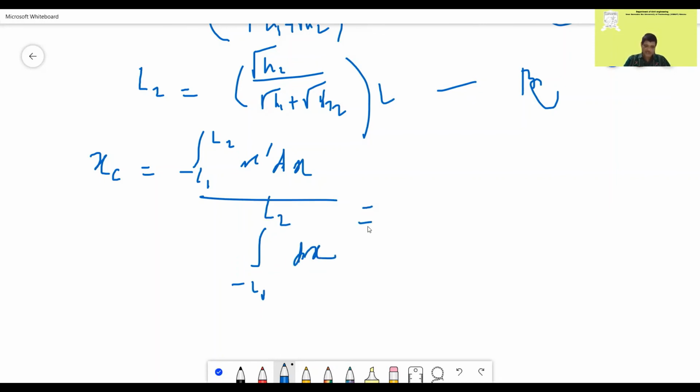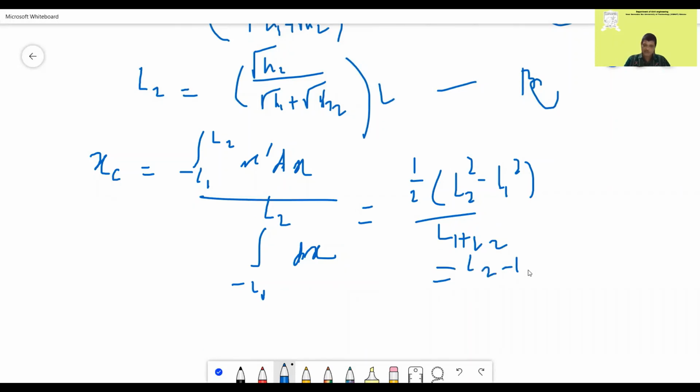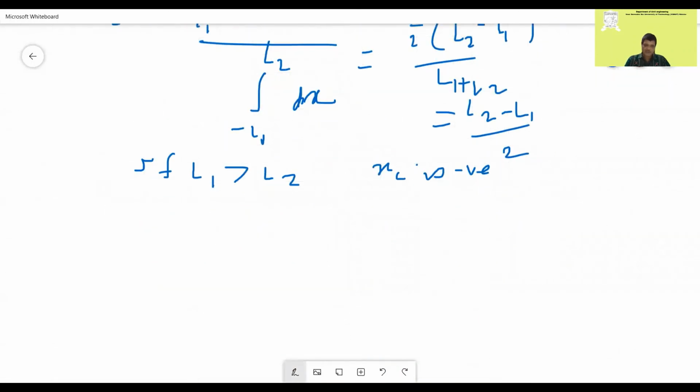If you integrate it, it will be half of L2 square minus L1 square divided by L1 plus L2, so that comes to be L2 minus L1 by 2. If L1 is greater than L2, then XC is negative, and the elastic center will be towards the left of the crown. Whether it is left or right of the crown, you can find from these combinations. Negative means towards the left, positive means towards the right.